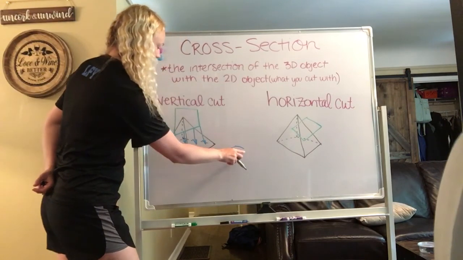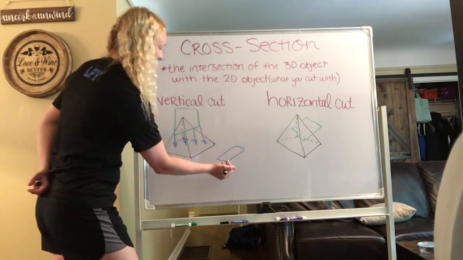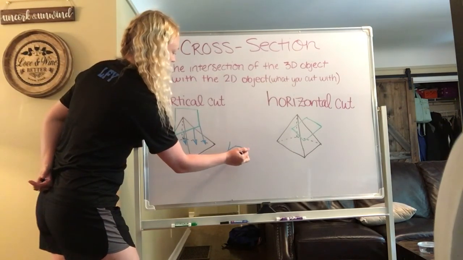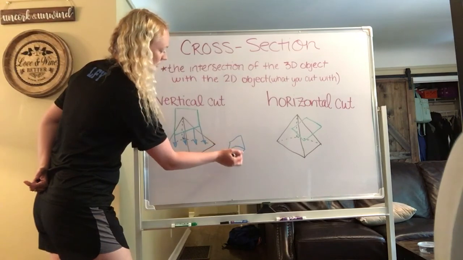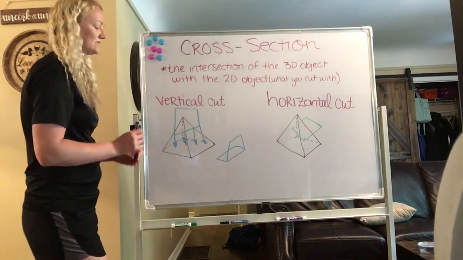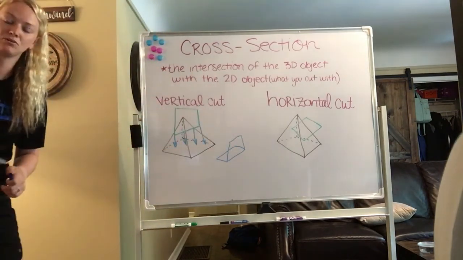But then all of a sudden it's going to be cut now in half, and it's coming up now to this new shape, which is going to look like a trapezoid, because I'm slicing it. So that vertical cut, when you open it up, would give you a trapezoid.